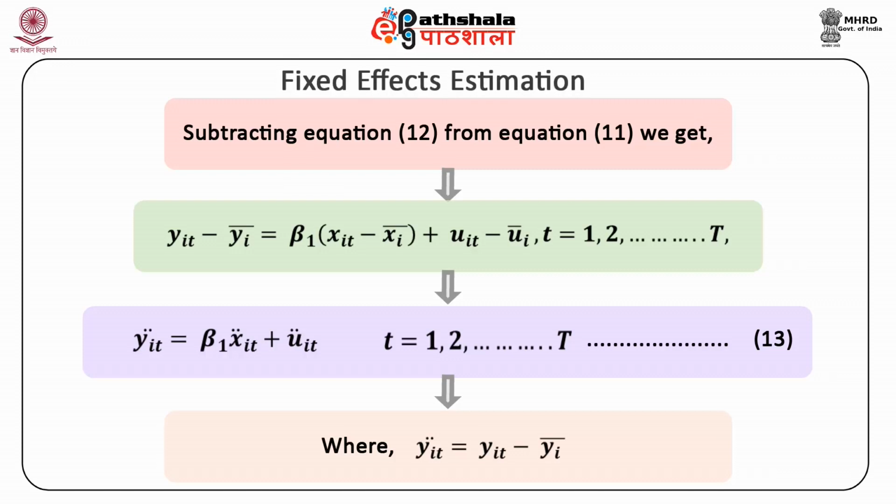Note that the unobserved effect, alpha_i, is not there in equation 13, which suggests that this equation should be estimated by pooled OLS based on time demeaned variables. The estimator that we get from this is known as the fixed effect estimator or within estimator.